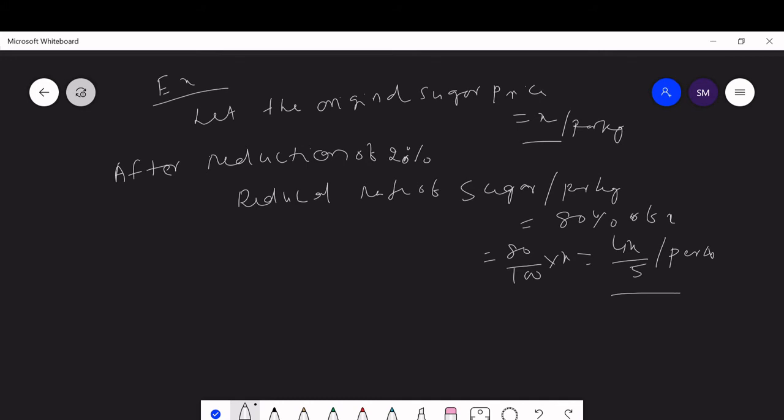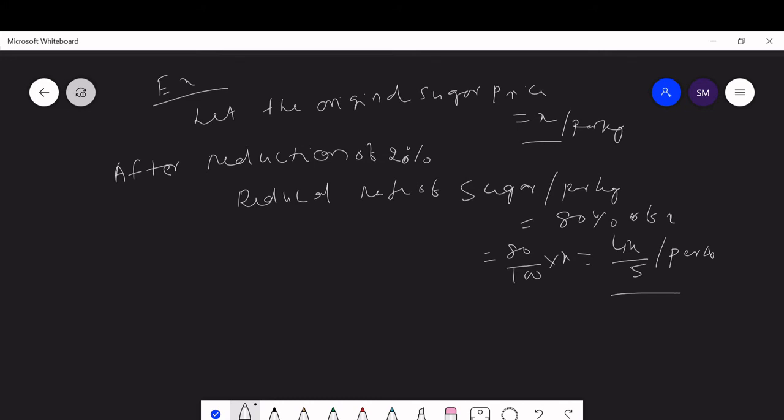Then the quantity of sugar for rupees 360. Here Mrs. Shah buys an extra 3 kg of it for rupees 360. When the price is reduced, Mrs. Shah can purchase 3 kg extra for rupees 360.